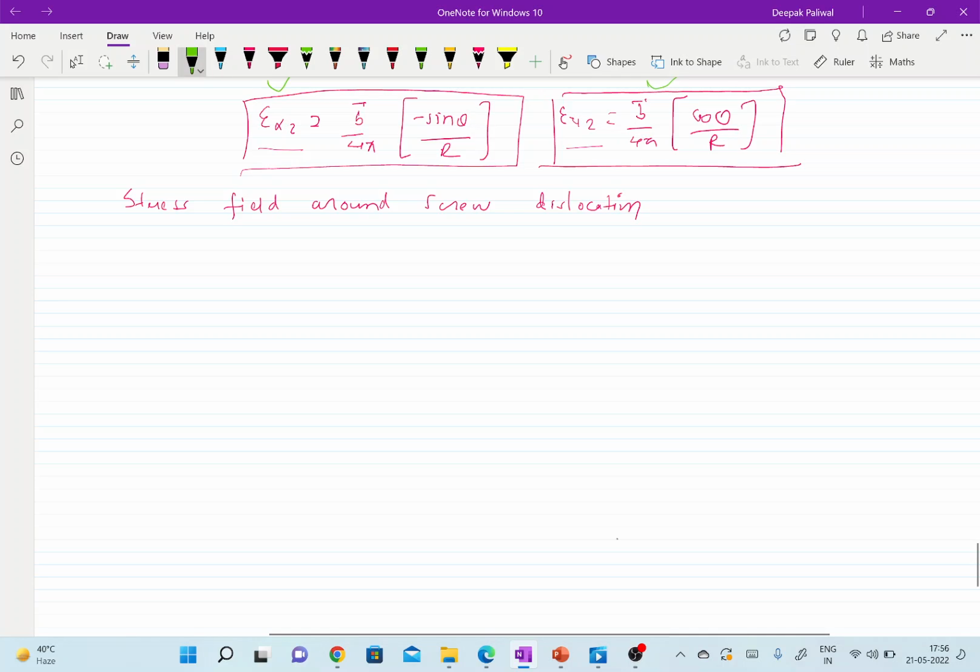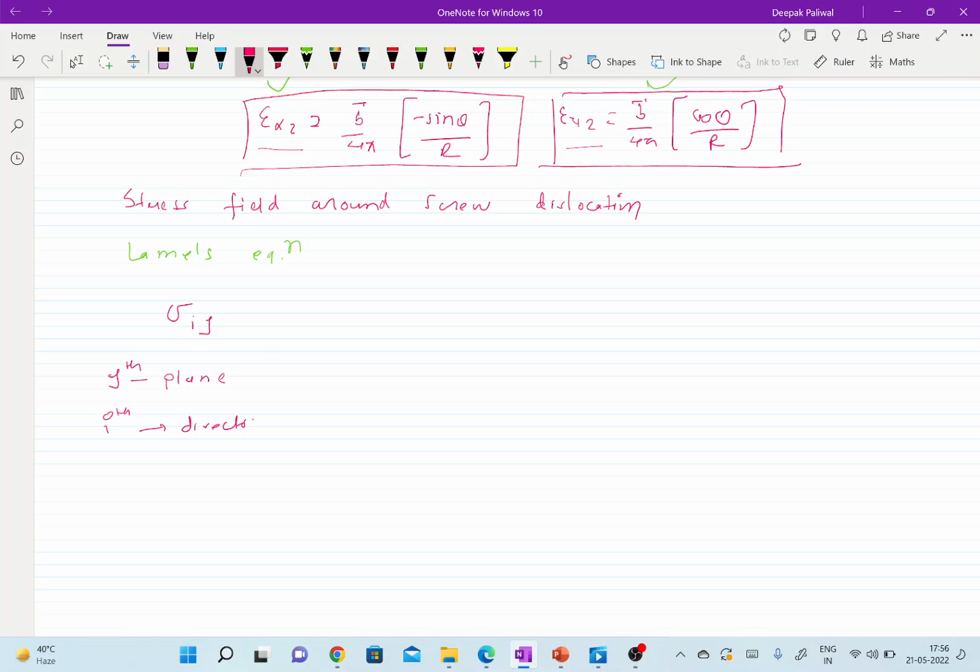Here Lame's equation is very important to understand the stress field. What is Lame's equation? Sigma ij, meaning on the i plane in the j direction, can be written as 2g epsilon ij plus lambda, that is Lame's constant, times delta ij times epsilon kk.